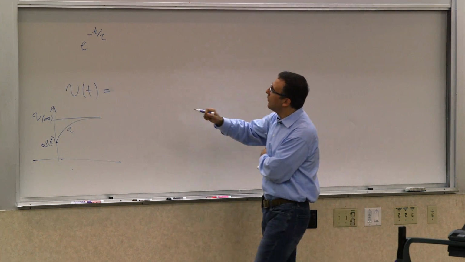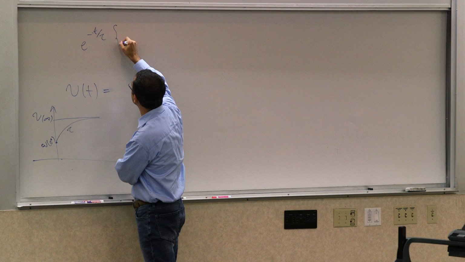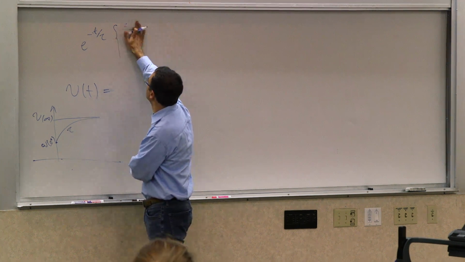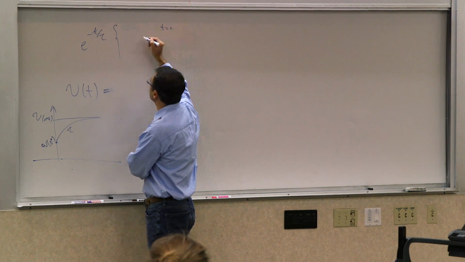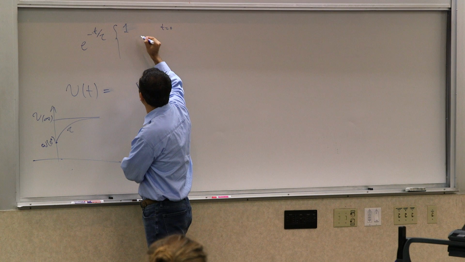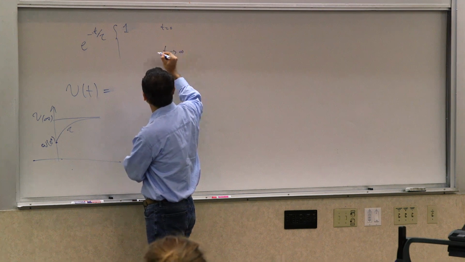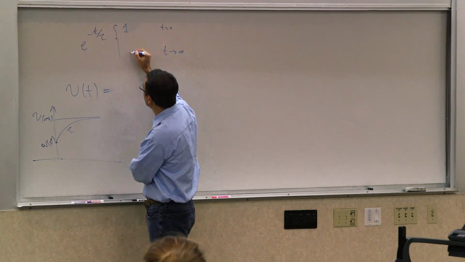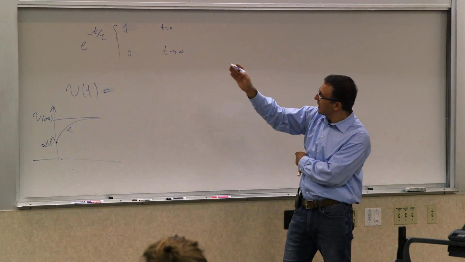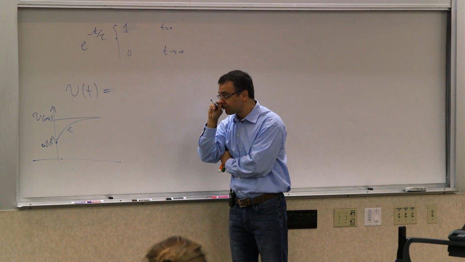How do we do that? Well, what is the value of this function at t equals 0? What is this at t equals 0? 1. What is it at large t? 0. So I have a function that goes from 1 to 0.